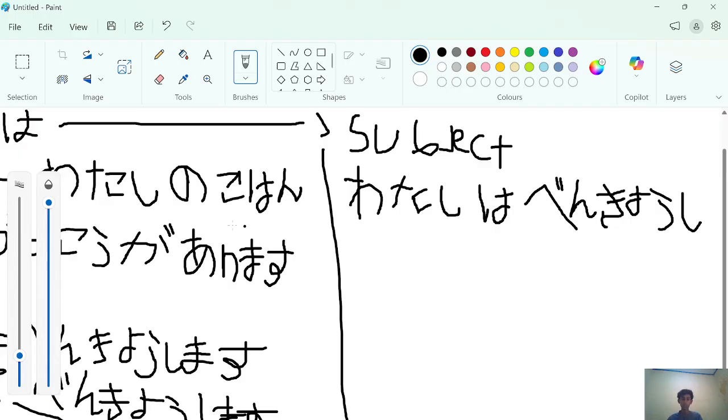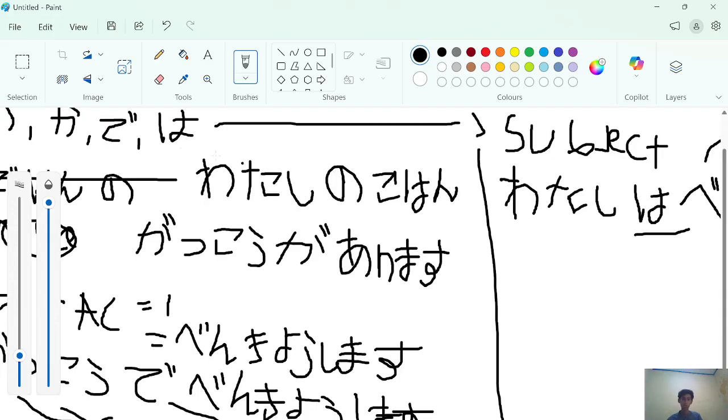So if there are no other things to describe, like for example, it's only describing some verb and activity, you can use wa. But if there are other things to describe, like a place or school, for example, you need to use de.